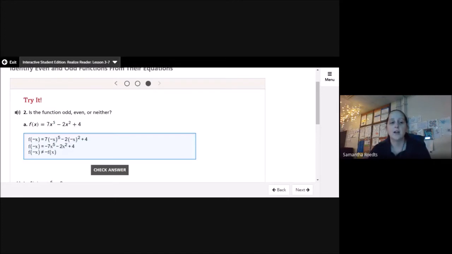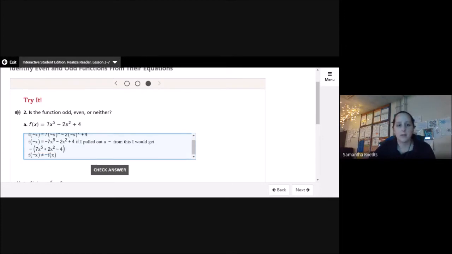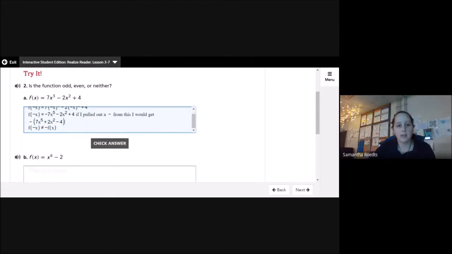If I pulled out a negative, I'd get negative 7x to the 5th plus 2x squared minus 4, which isn't the same thing as this. So it's not odd, but it's also not even because not everything stayed the same. So this is neither.